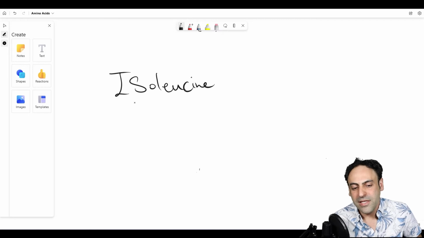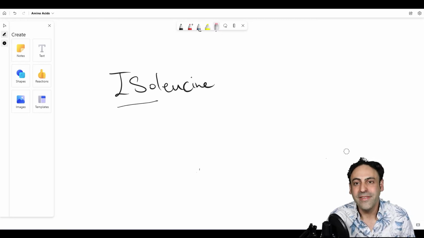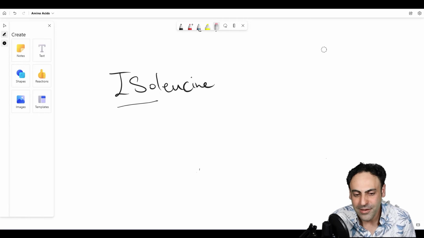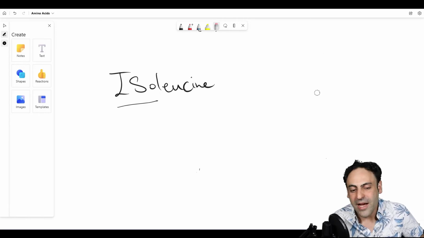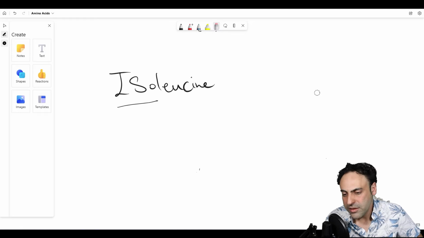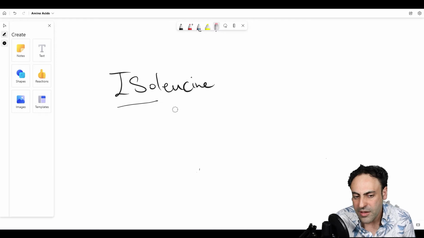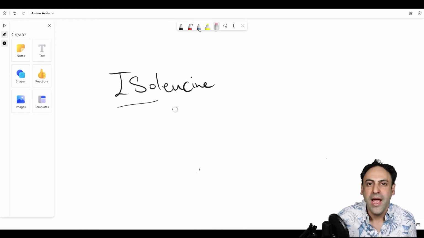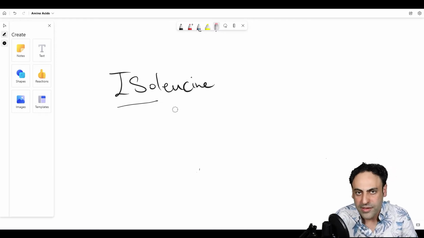Isoleucine, as the word suggests, is an isomer. So what is the difference between isoleucine and leucine? The difference comes from this iso, because isoleucine is the isomer of leucine. If you remember from organic chemistry, isomers are molecules that have the same formula and the same number of atoms and functional groups. Everything is almost the same.